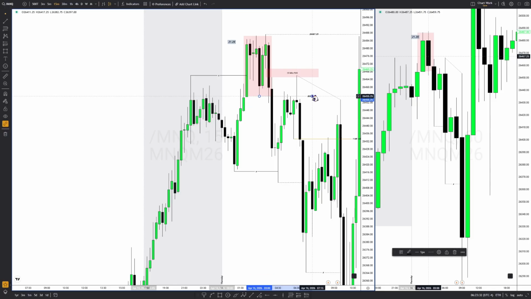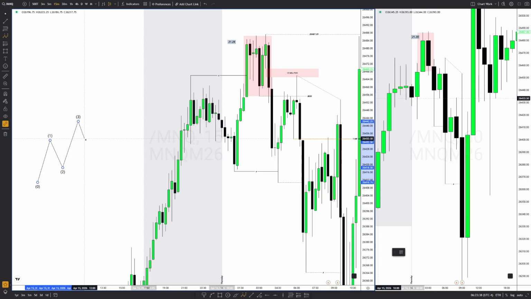We're no longer forming that sequence of higher highs and higher low swing points. We are now getting that flippage away from those highs and making lower highs and lower low points.